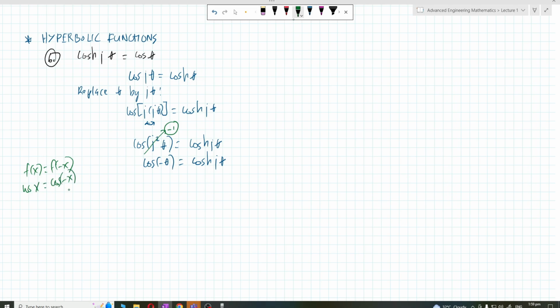So cosine of negative theta is the same as cosine of theta, equal to cosine hyperbolic of j theta. Interchanging, the cosine hyperbolic of j theta is equal to the cosine of theta. That's how simple it is to derive the cosine hyperbolic of j theta.